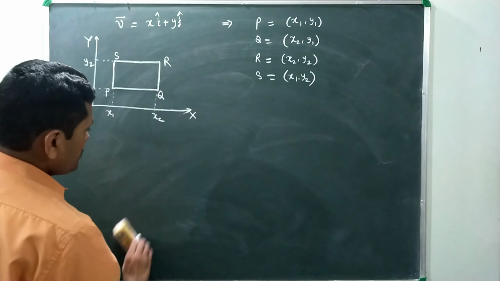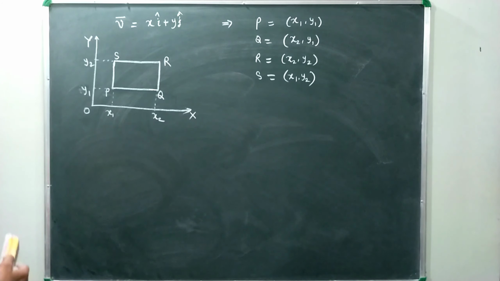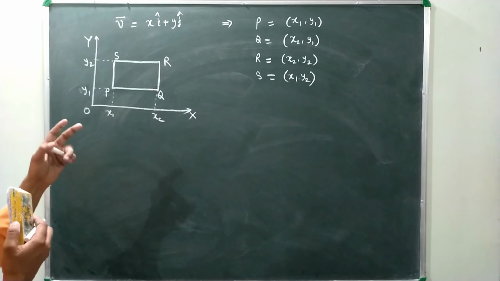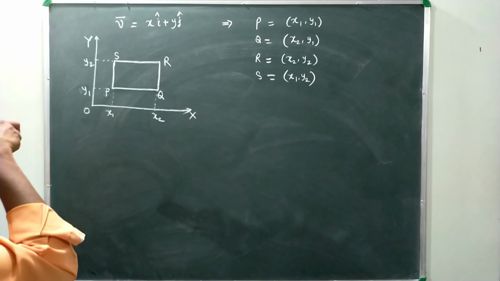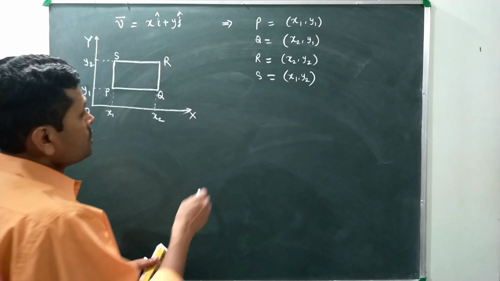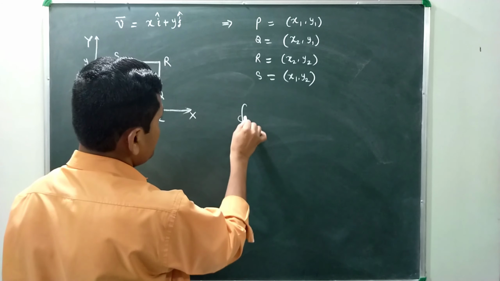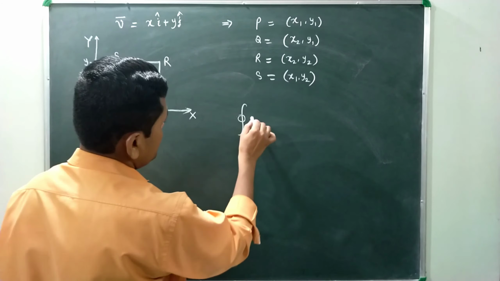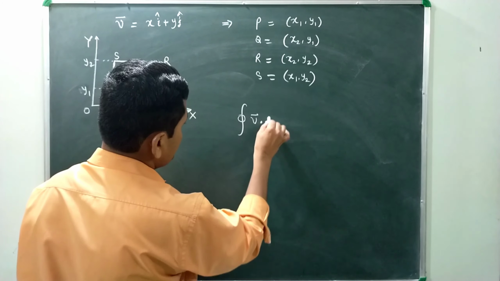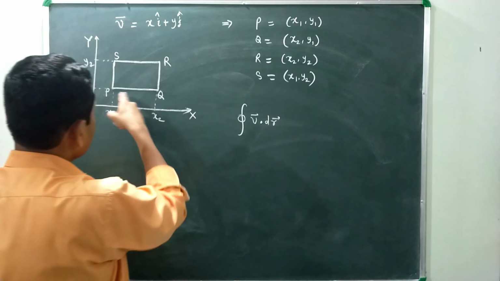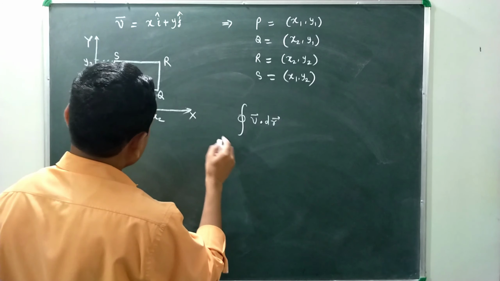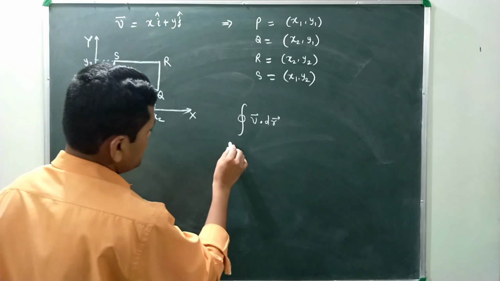Now, if we have to check whether this vector field V is a conservative field, what should we do? We first of all calculate the line integral of vector V along this closed curve, which is a rectangle in our case.